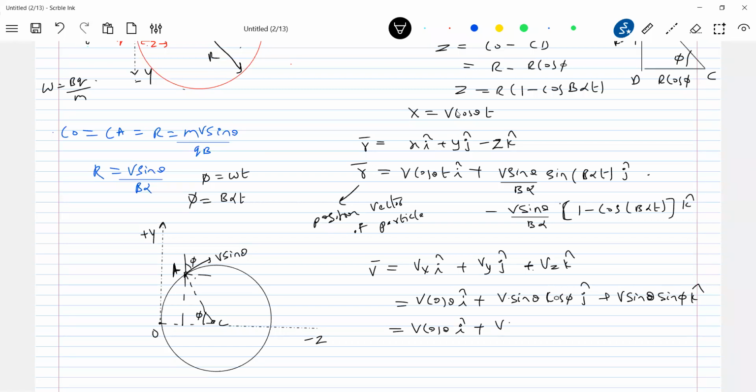Theta is given for us, whereas cos phi is not given. What is cos phi? You can write it: cos of omega t, where omega is b alpha, j cap. Minus, sir. At one instant, when the particle is here, what is the direction of velocity?